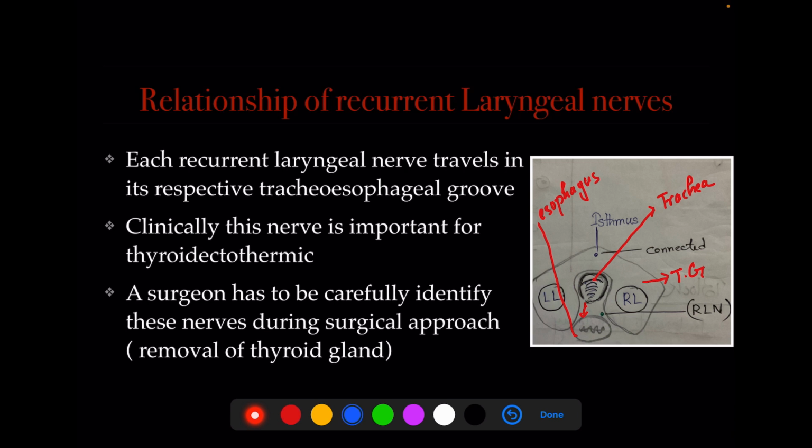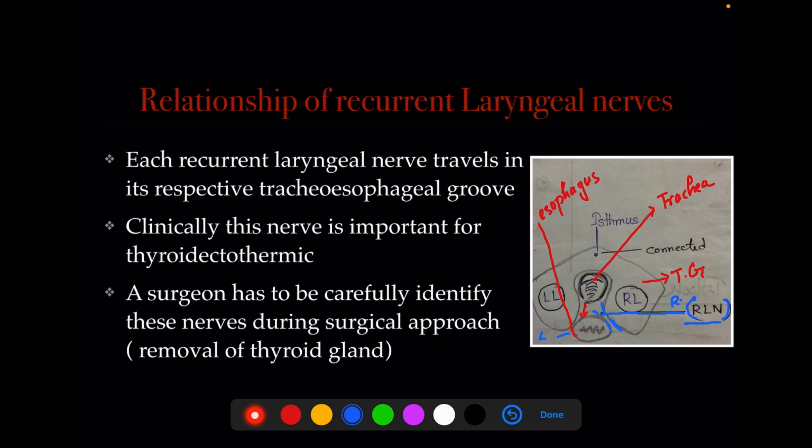In between the trachea and esophagus, there is a groove you can see here. And here you can find the recurrent laryngeal nerve, RLN in short form. This one is right and this one is left. On both sides we can find the recurrent laryngeal nerve.